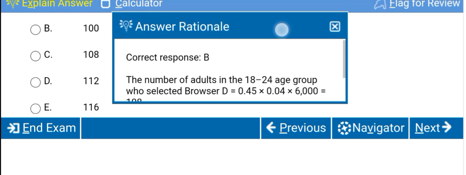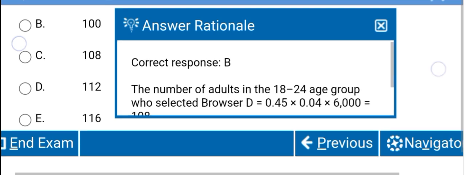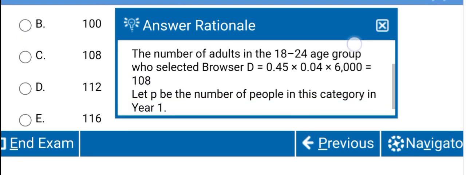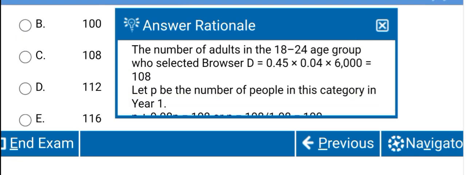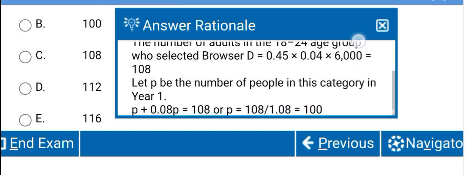The correct response is option B, that the number of adults in the 18 to 24 age group who selected browser D equals 0.45 multiplied by 0.04 multiplied by 6,000 equals 108. Let P be the number of people in this category in year 1.